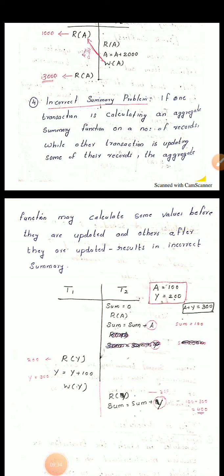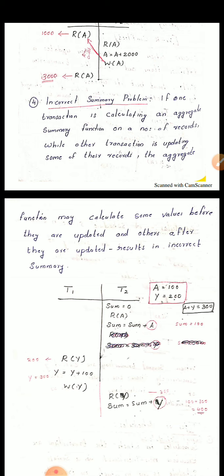Incorrect summary problem. In this problem, one transaction is calculating an aggregate summary function on a number of records while other transactions are updating some of these records, and the aggregate function may calculate some values before they are updated and others after they are updated.